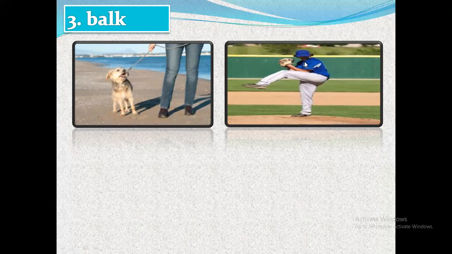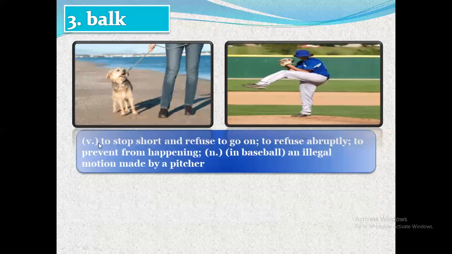This man is called the pitcher, the one who holds the ball and throws it in baseball. When he moves in a wrong way or in a wrong place, this is called a balk. So the meaning here is a verb, as we said, and it can also be a noun.